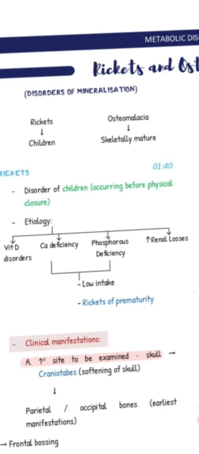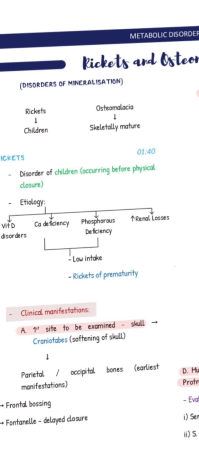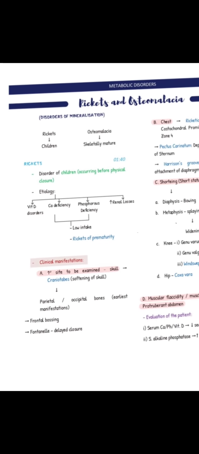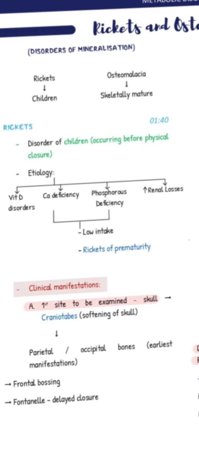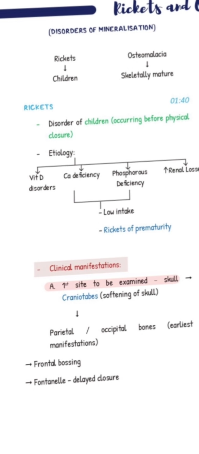So now let's come to topic rickets and osteomalacia. These are disorders of mineralization. Okay? Rickets you can see in children, and osteomalacia in skeletally mature people.